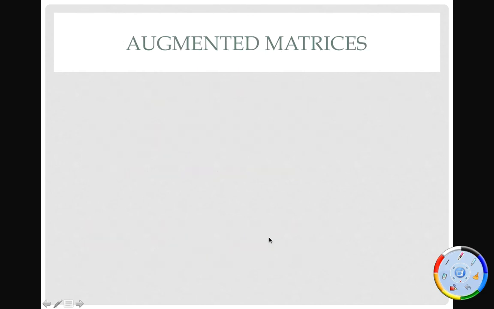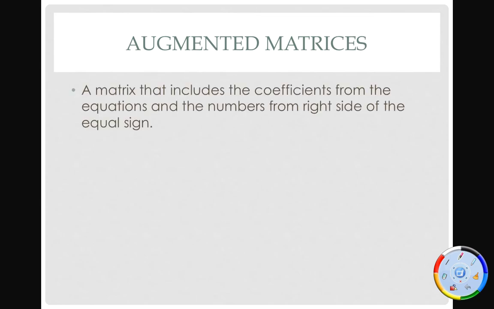All right, now let's look at how we're going to use matrices to solve these problems. And we're using what's called an augmented matrix. It's a matrix that includes the coefficients from the equations and the numbers from the right side of the equal sign. We're going to make sure that we use placeholders, the number 0, obviously, for any missing variables.